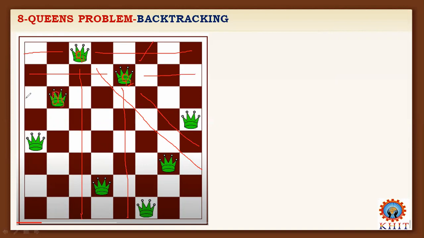If you place Q3, the same row cannot be placed, none of them placed. Same column, none of them placed. And same diagonal, check whether any queen is attacking. No queen is attacking here. So you can place Q1, Q2, Q3 in a safe manner.